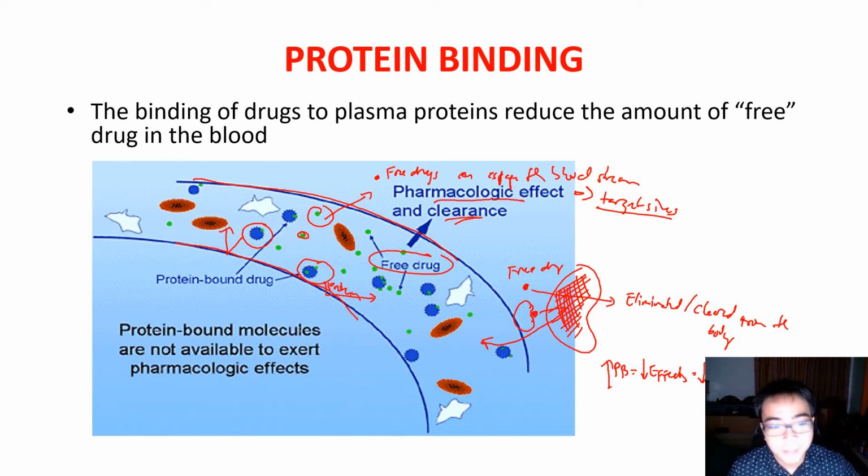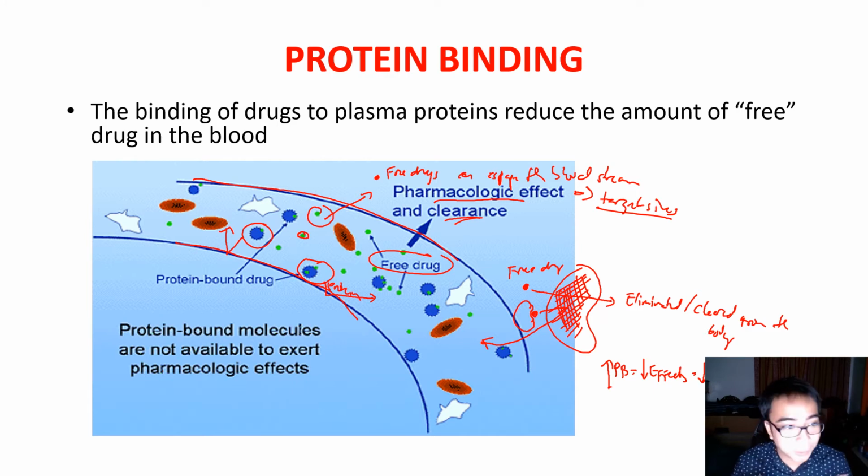Alright? Okay, so class, protein-bound molecules are not available to exert pharmacologic effects, and not only that, they cannot also be cleared. Hindi rin sila maklear sa katawan natin. So therefore, class, it just stays inside the body. Alright? So that makes sense. Now, one of the concerns lagi dito, class, is, anong klaseng bonding ba ang nangyayari between a drug and a protein?